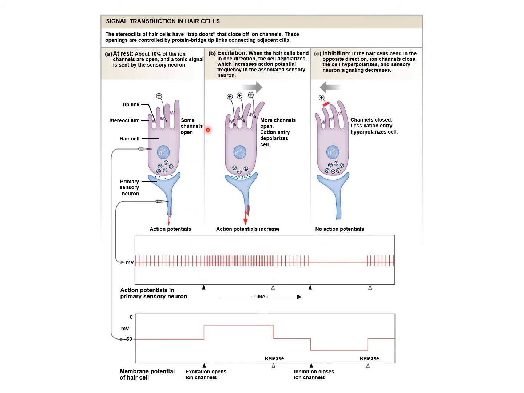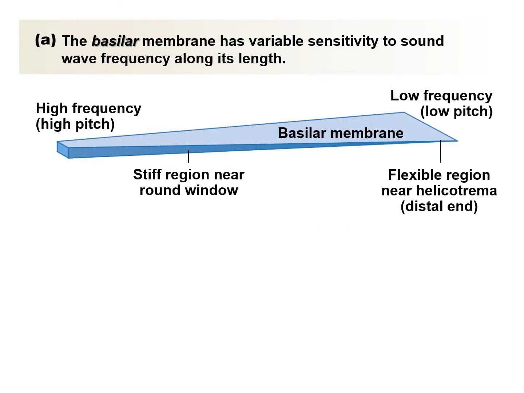But again, when we're not stimulated, we have a basal tone of frequency, and then when we are stimulated, we get alternating dense frequencies and rarefaction frequencies. We get to population coding when it comes to these stereocilia. Well, that's where the basilar membrane is believed to come in.